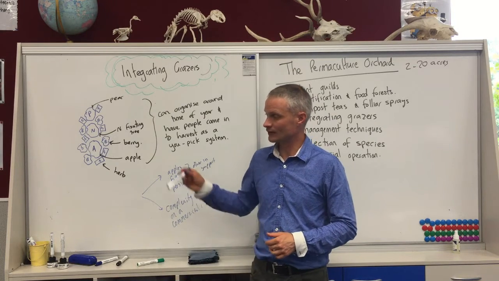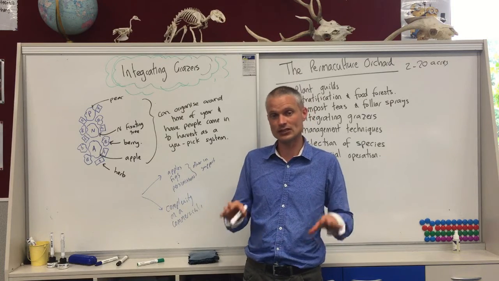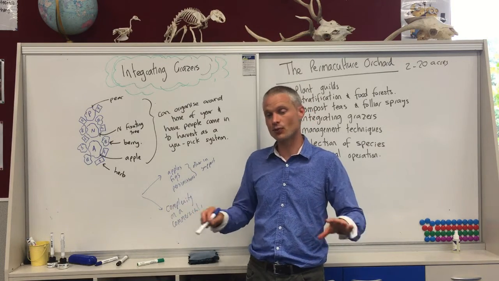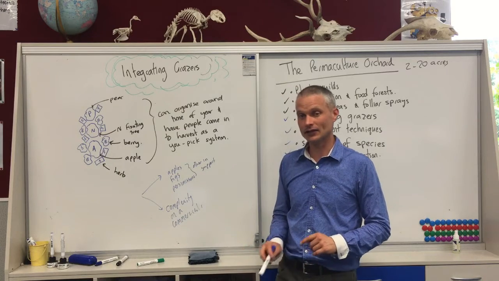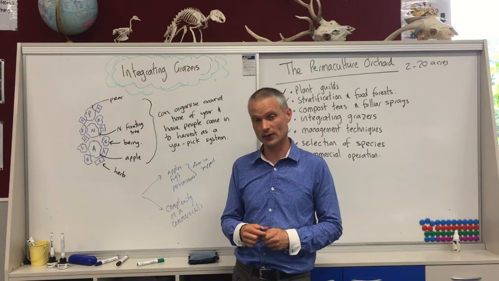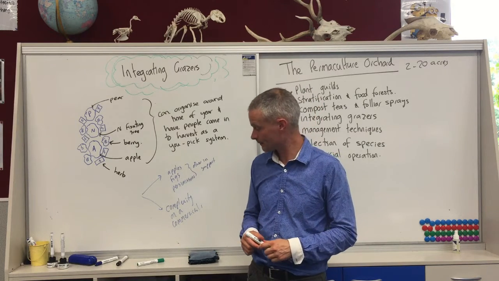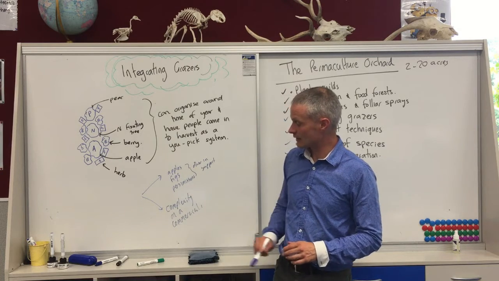But still having that complexity in the system with the grazers and the support species to support the health of that plant, making sure you're not getting too much towards a monoculture where you're going to get all those health problems back again. So these are the two ways I generally go.